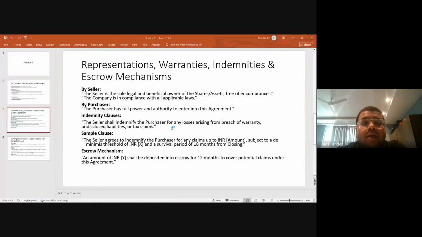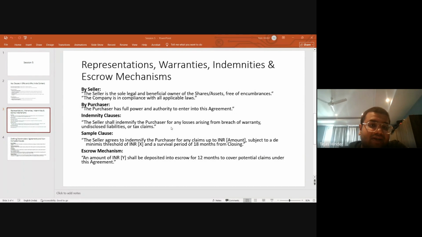So, in Indian M&A transactions, whether structured through a share purchase agreement or an asset purchase agreement, the core protective framework for the buyer comprises representations and warranties, indemnities, and escrow mechanisms. Each of them serves a distinct legal and commercial function, which is basically to allocate risk, ensure disclosure accuracy, and secure post-closing remedies.